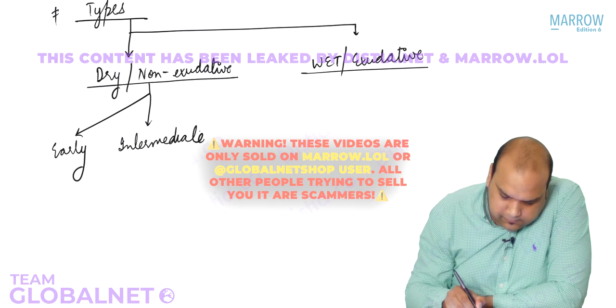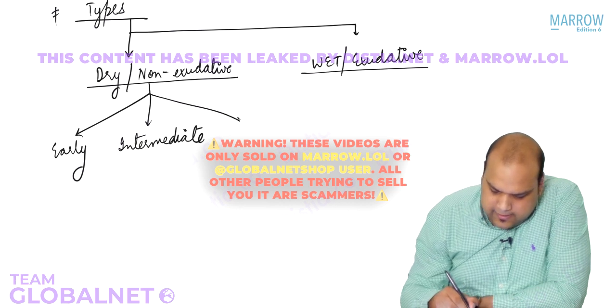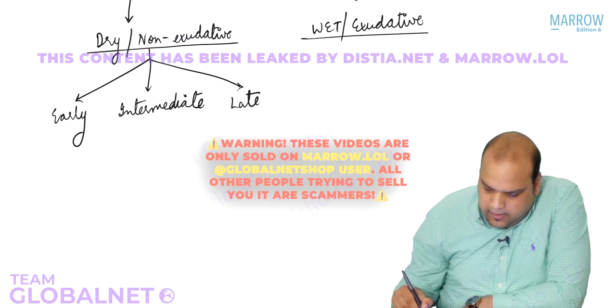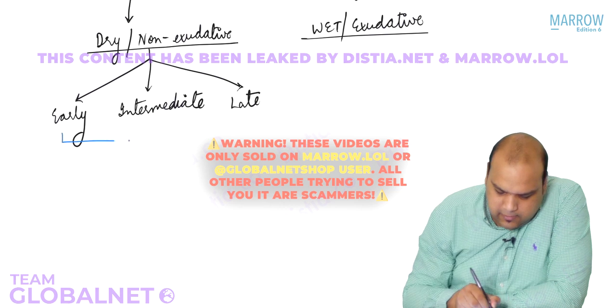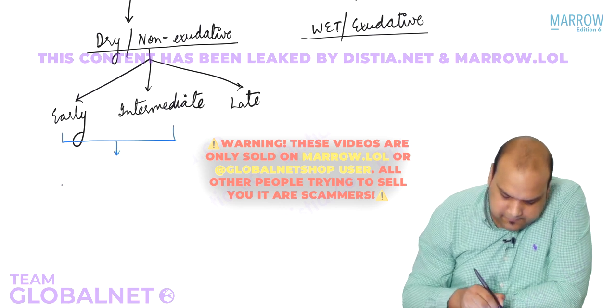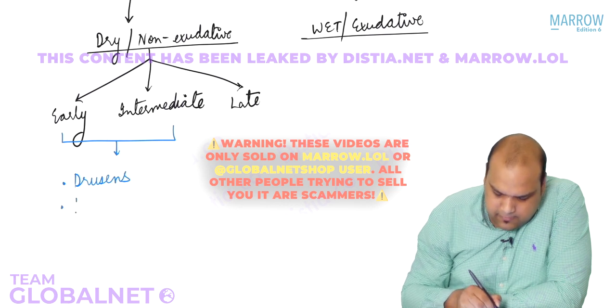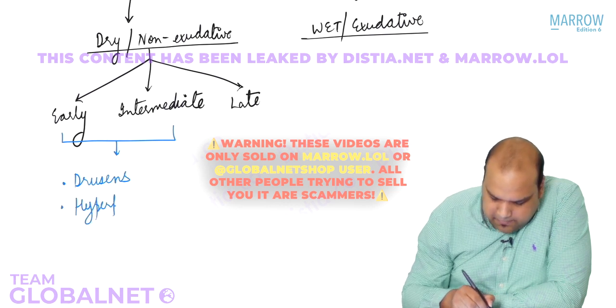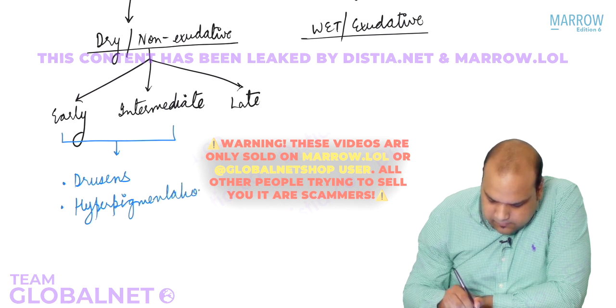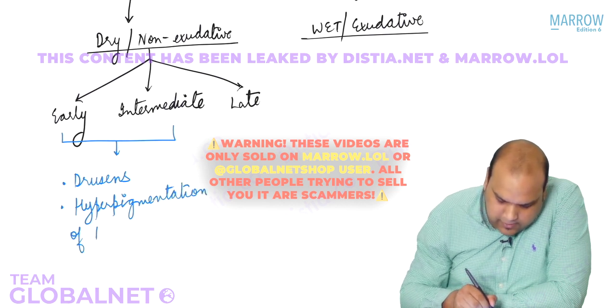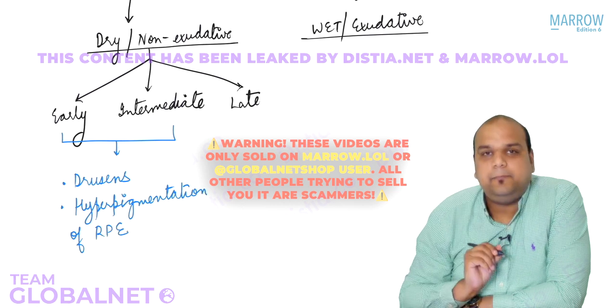Dry can be divided further into three stages: early, intermediate, or late stage. Early and intermediate, both of them present with something known as drusen, and secondly, hyperpigmentation of retinal pigment epithelium.